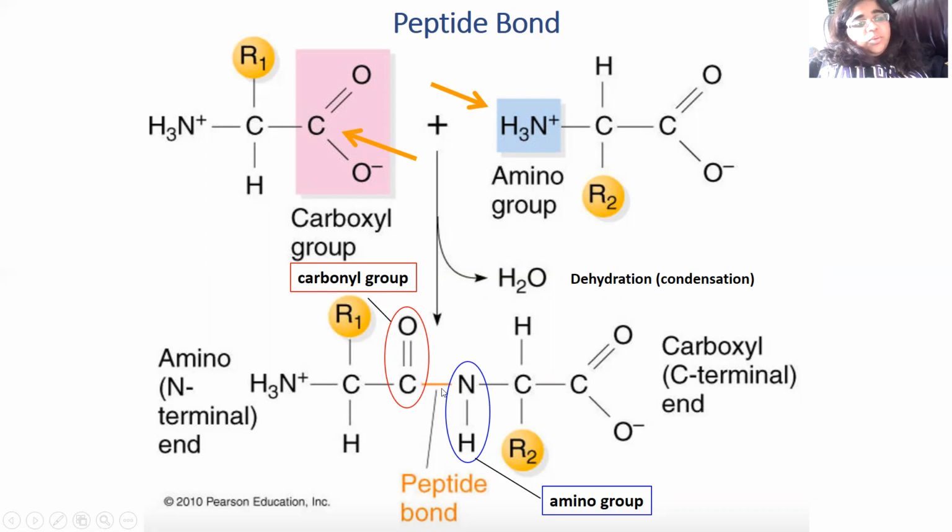The bond that forms between the carboxyl group and the amino group here is called a peptide bond. So that is the basics of how a peptide bond is formed. This is one of the basic structures of a protein.